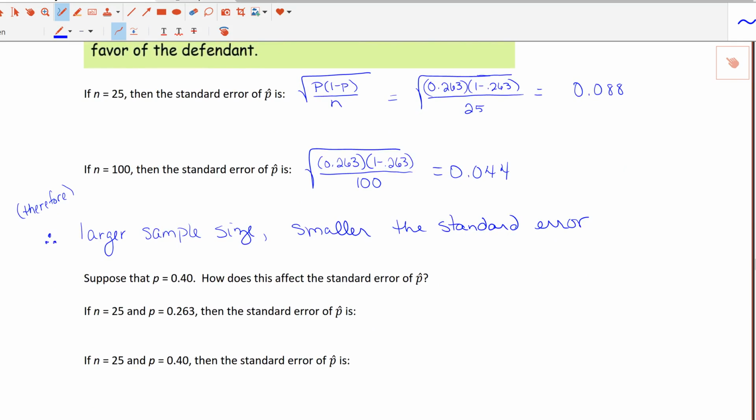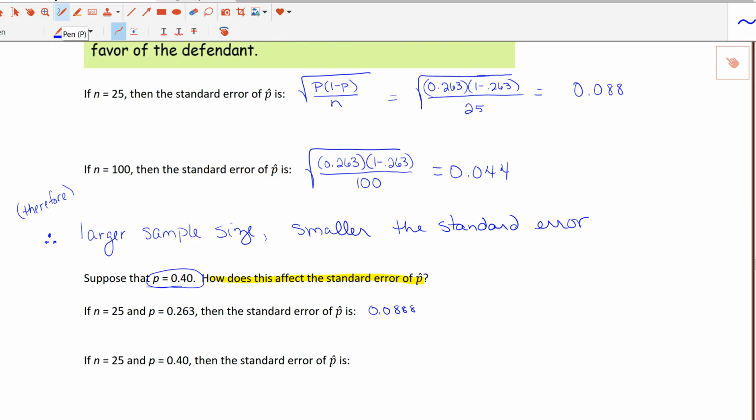Okay, so now let's pretend that instead of P being 0.263, P is 0.4. When n was 25 and p was 0.263, we found the standard error to be 0.088, right? So what we want to do now is see how does changing the p affect the standard error.